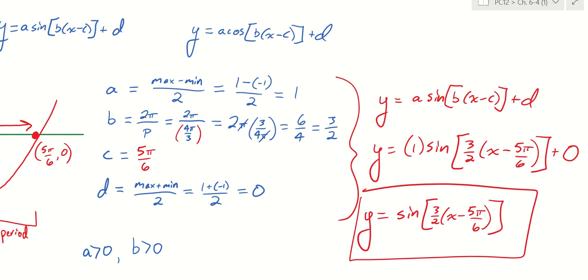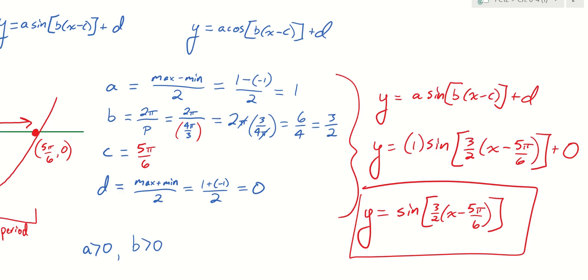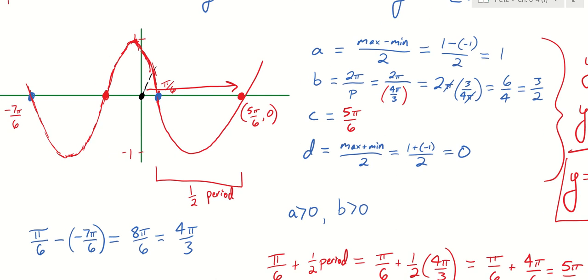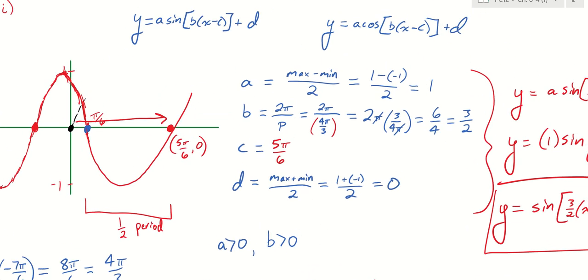That's how you can write the equation for the sine, treating this particular graph as a sine function. You could do the same for a cosine function. The only thing that would change really is the phase shift.